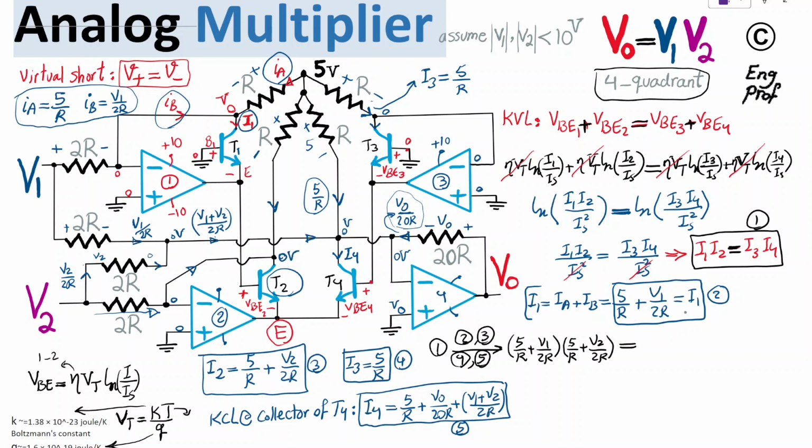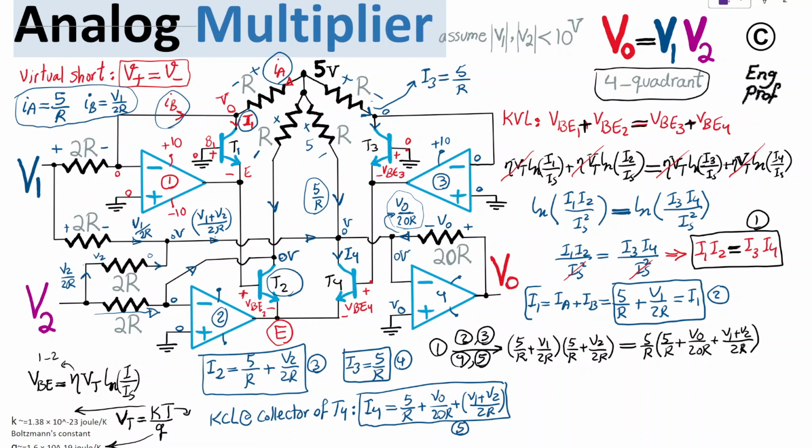Right-hand side, substituting for I3 here, using equation 4, I'm going to get 5 over R, and finally the last one is of course substituting for the more involved I4 using equation 5, which then becomes 5 over R plus V out over 20R plus V1 plus V2 divided by 2R.